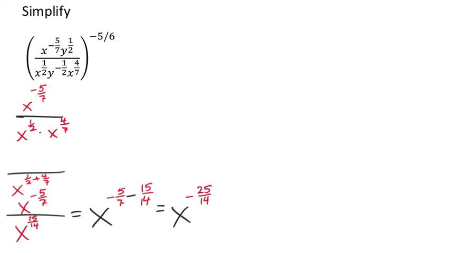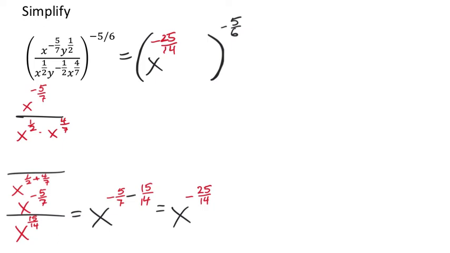Now, I'm not worried about flipping that fraction yet because this is part of my new parentheses with the negative 5/6 exponent, right? I now have x to the power of negative 25 over 14. If you did choose to flip this into a denominator, that's fine. It's not going to make a difference in the end.